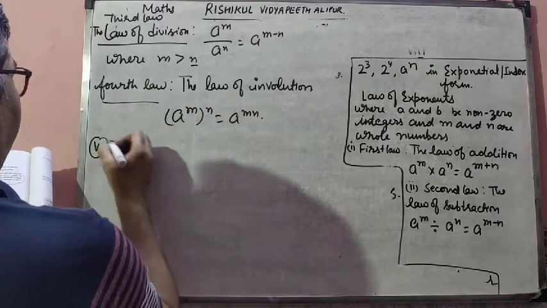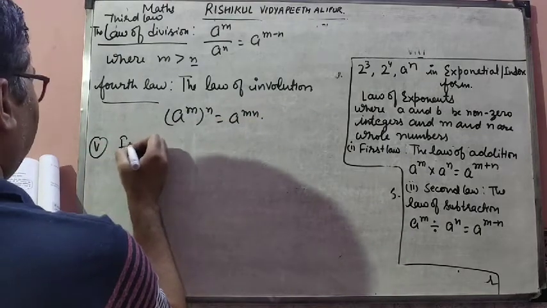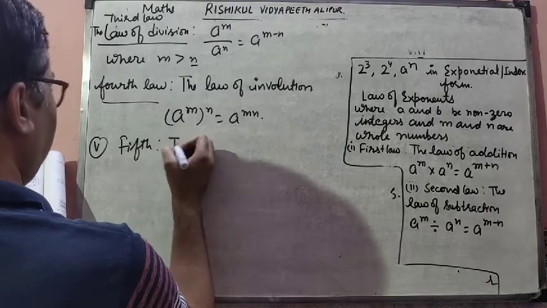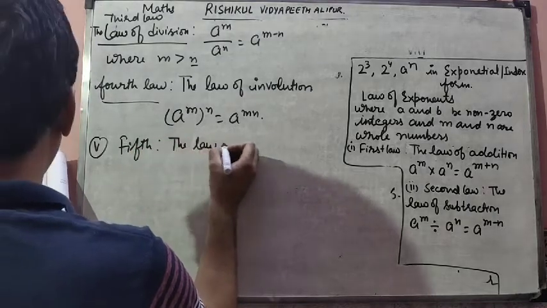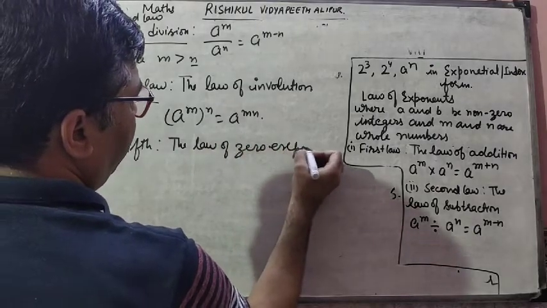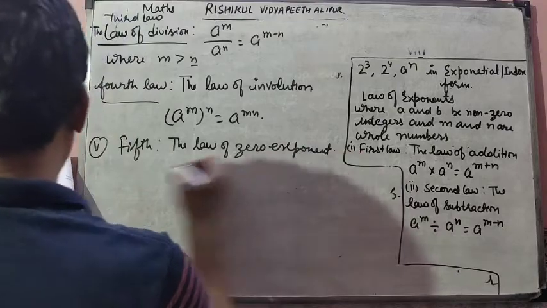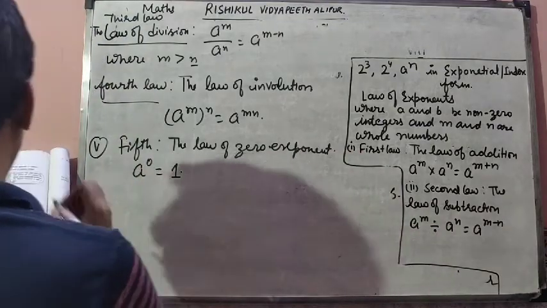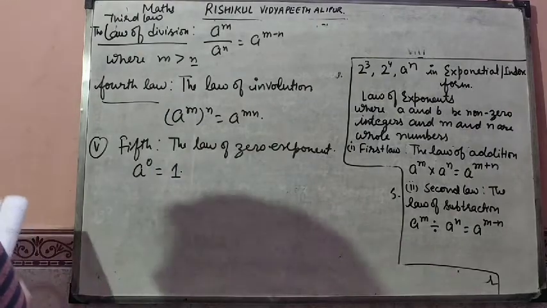And the next law is the fifth law, which is known as the law of zero exponents. So here a raised to power 0 is equal to 1.